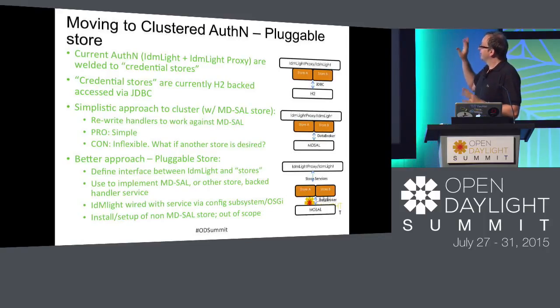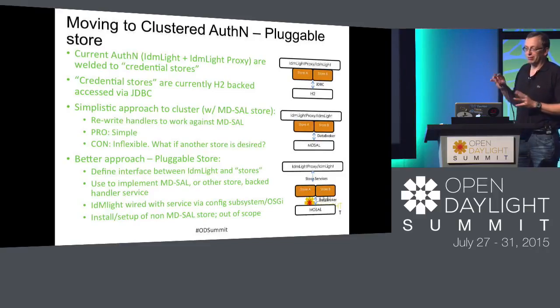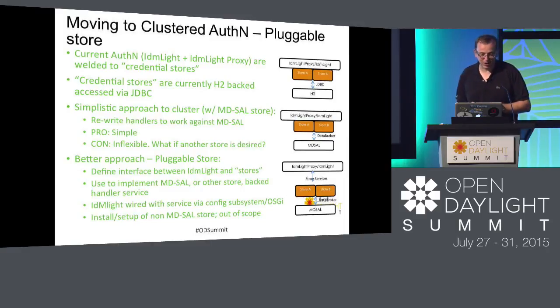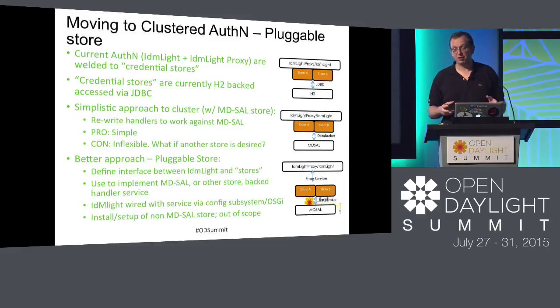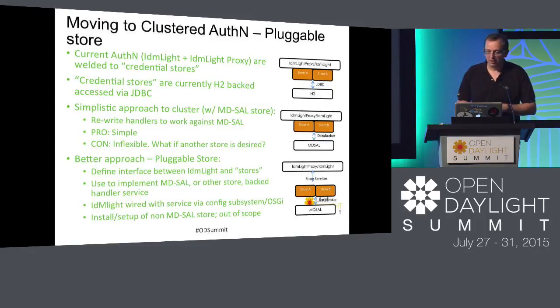Currently, what is there, more or less, a simplified version, is what is shown in the diagram. Basically, everything is welded together, effectively. We have the IDM Lite proxy that directly calls the stores.